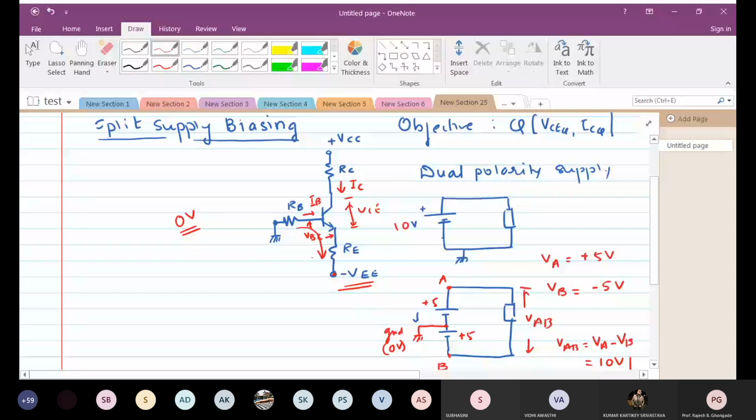What is the advantage? The advantage of this circuit is that I am eliminating R1 and R2 completely. What was the function of R1 and R2? To provide VB.